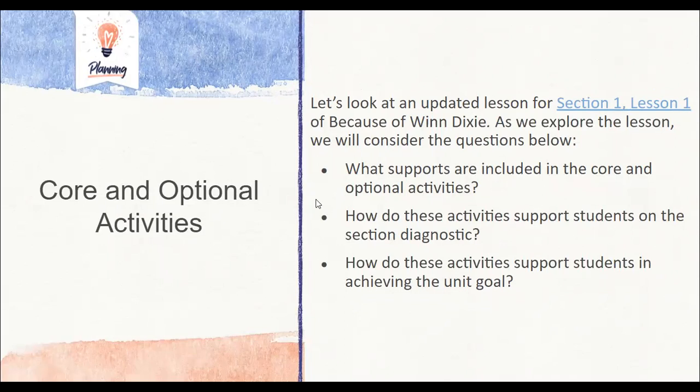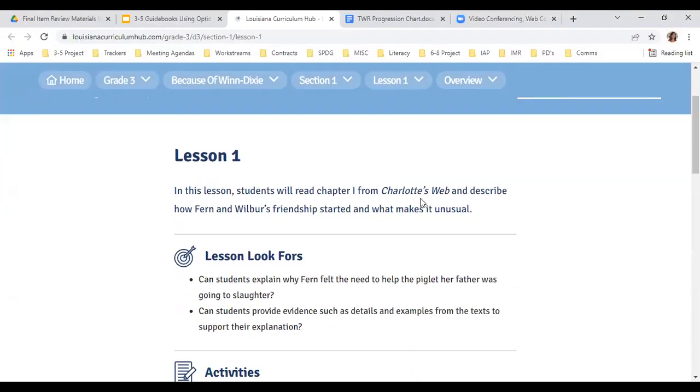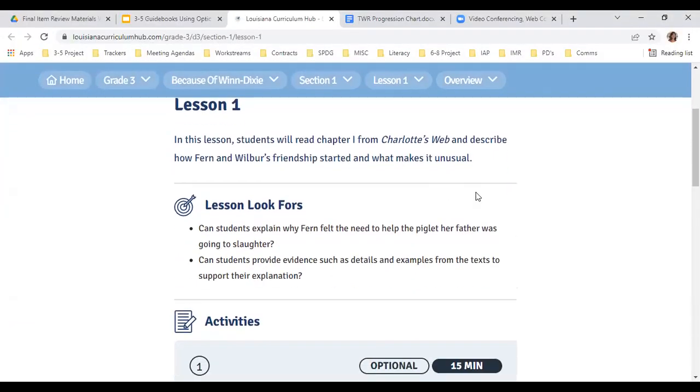All right, so looking at this particular lesson, what supports are included in the core and optional activities?